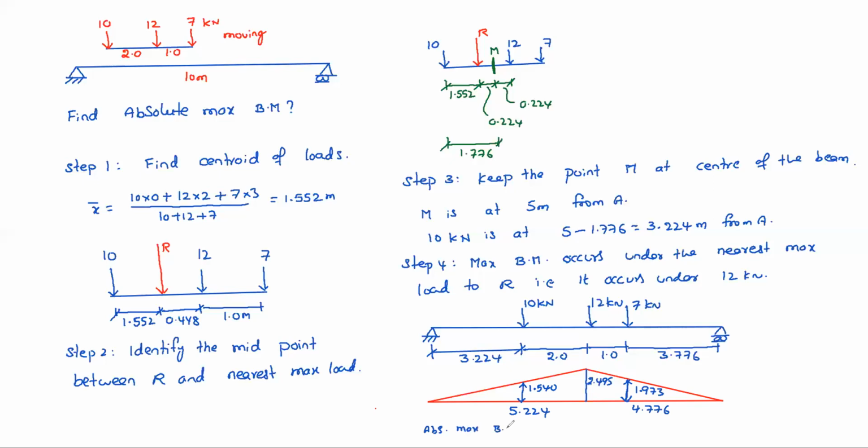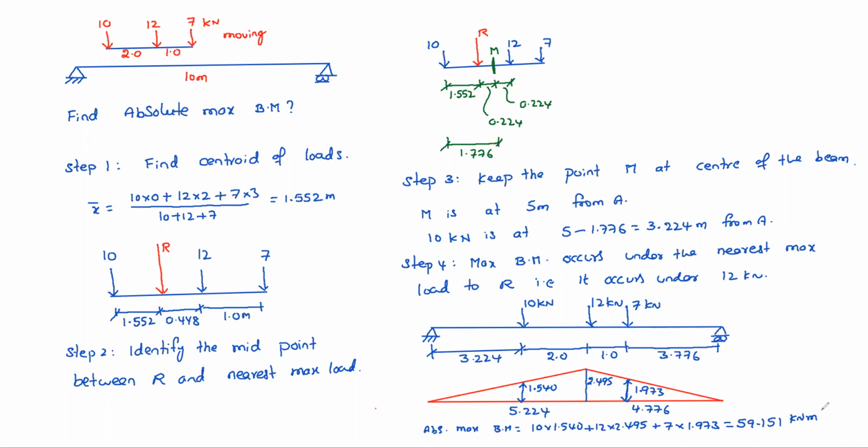Absolute maximum bending moment equals 10 into 1.540 plus 12 into 2.495 plus 7 into 1.973, equal to 59.151 kilonewton meter.